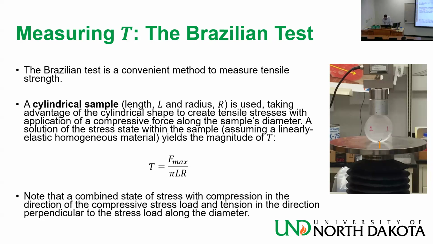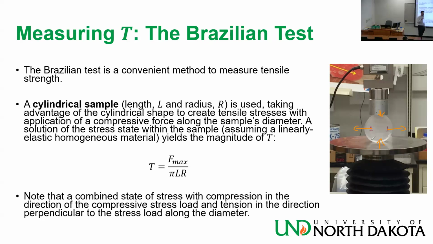So this moves up. Newton's third law of motion: I have compression loads applied at the top and bottom of the material. What do I have on the sides of the material? Tension.